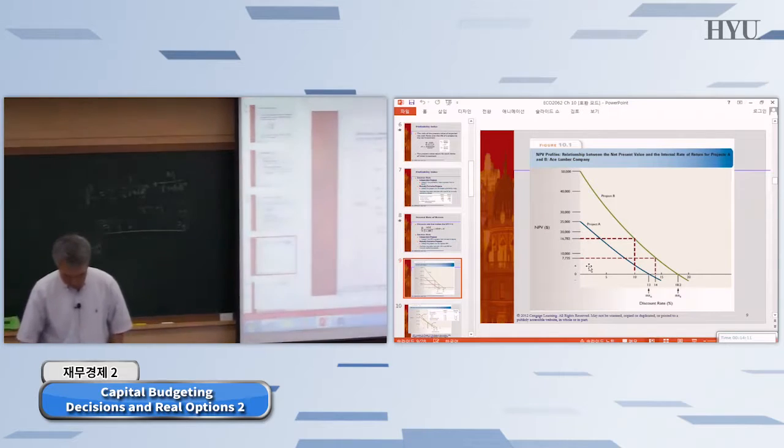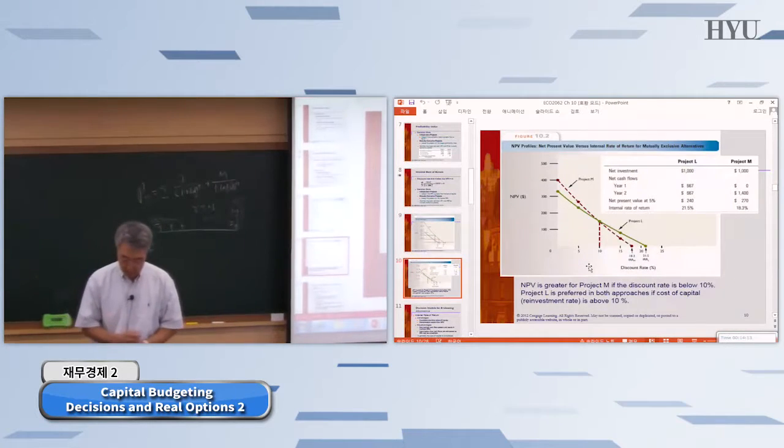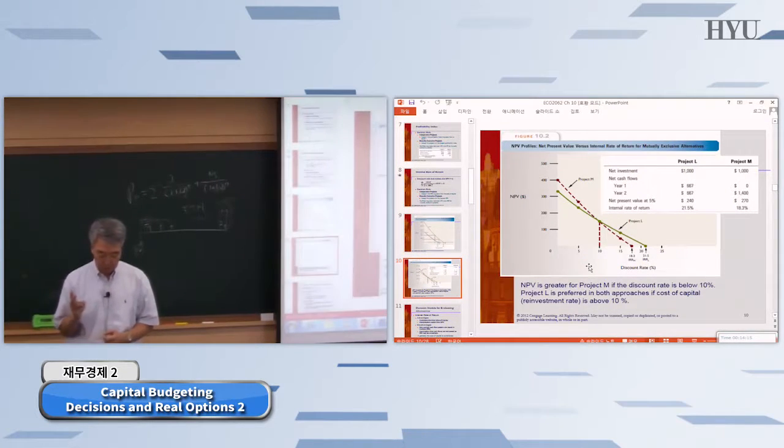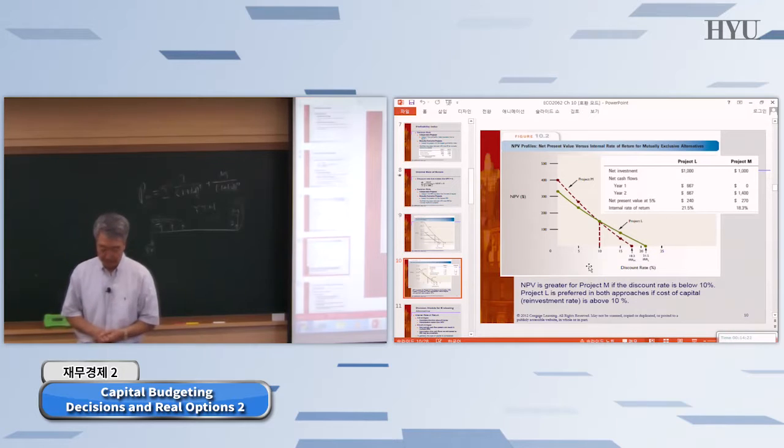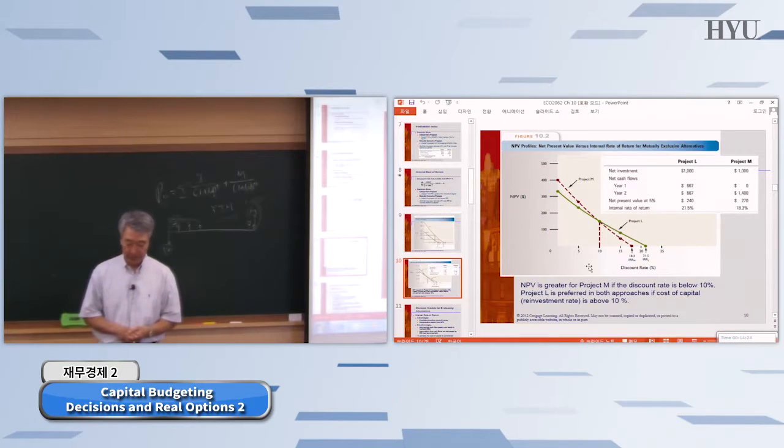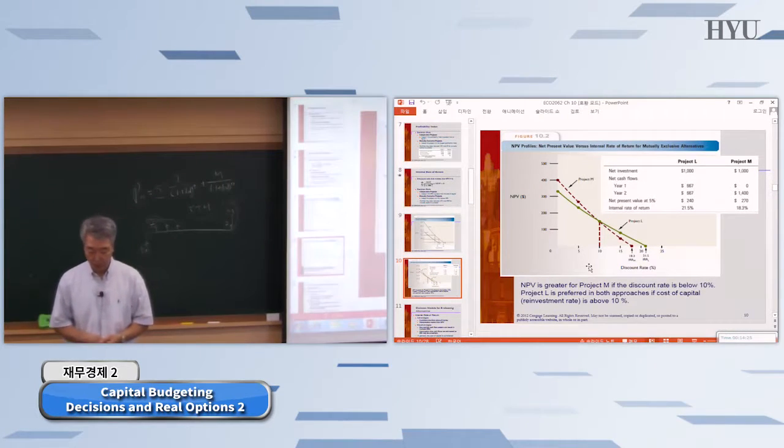But if we have two projects that happen to be mutually exclusive, in other words, you have to choose one. As an example, the textbook gives you these two projects, L and M. It's a very simple example.